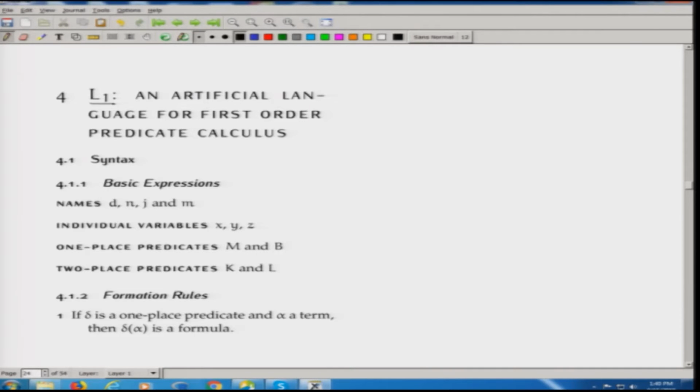Today, I hope we can talk about a few rules of the first part, that is L1, which is an artificial language. We cannot perhaps go to the natural language counterpart of it, but we need to do the artificial language today.